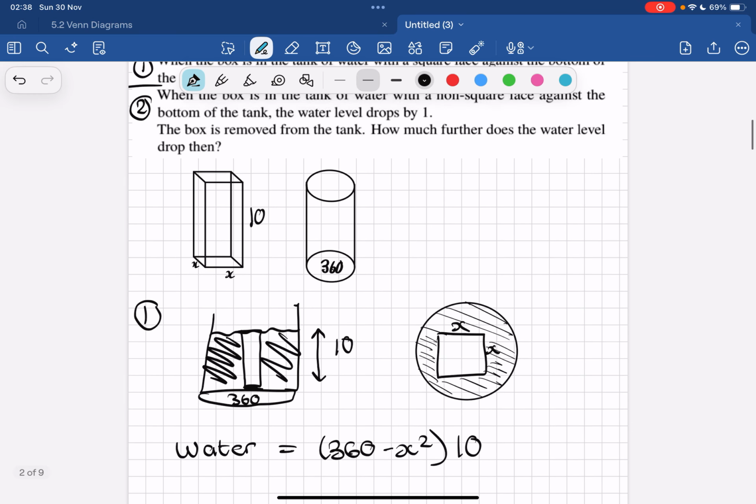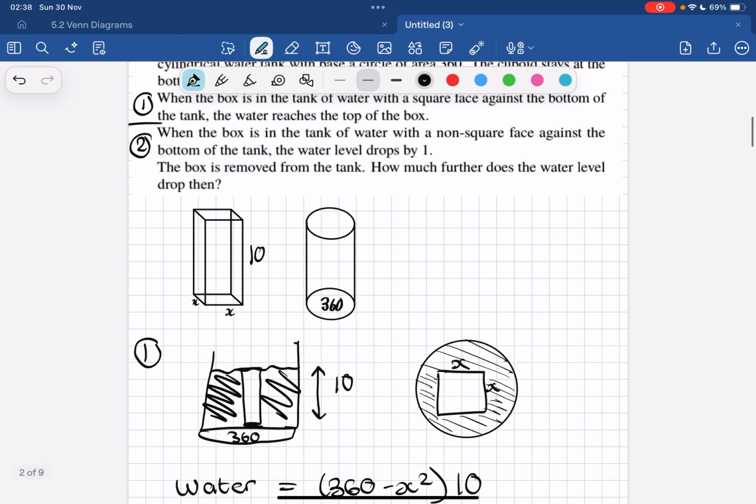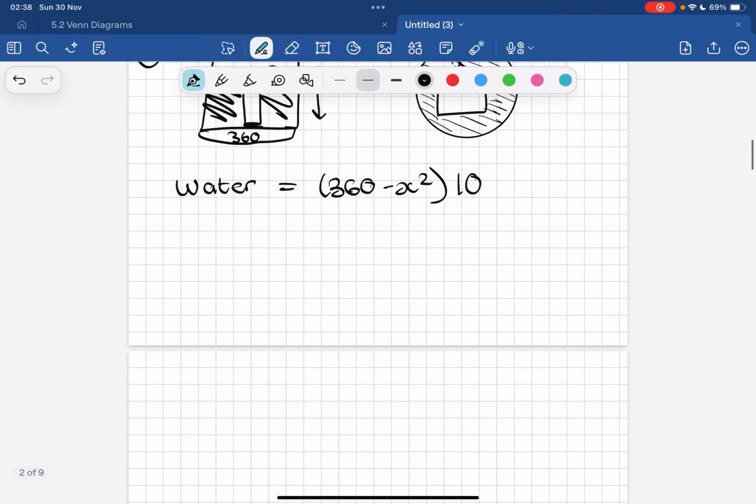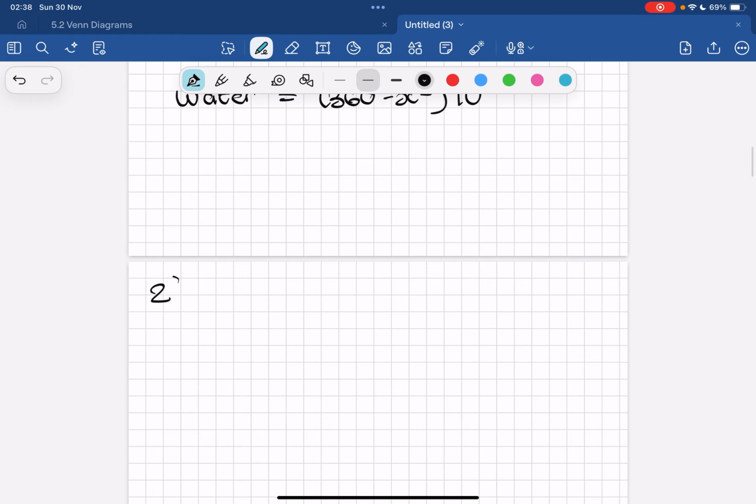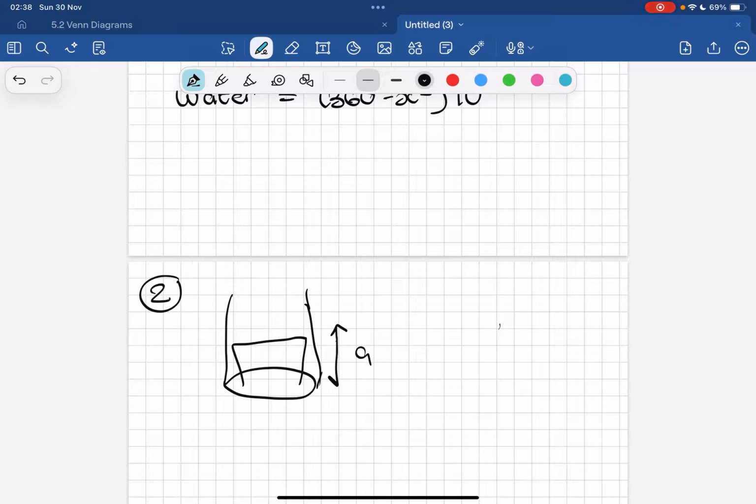Now if we go on to the second part, when the box is in the tank of water with a non-square face against the bottom of the tank, the water level drops by 1. So we've got a tank, except the box is on its long side. We've got height 9. We can draw the bird's eye view.